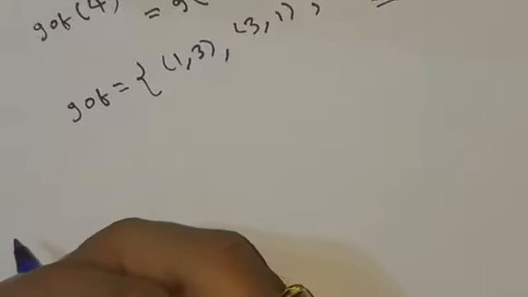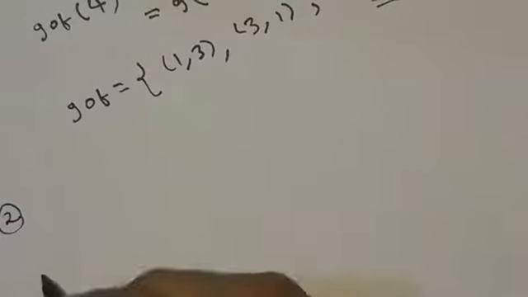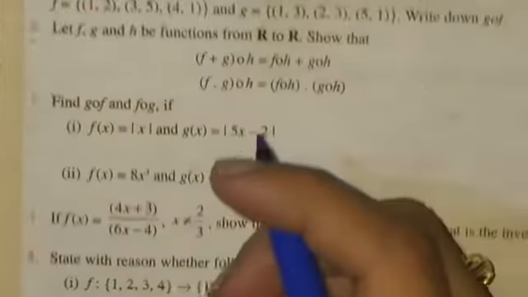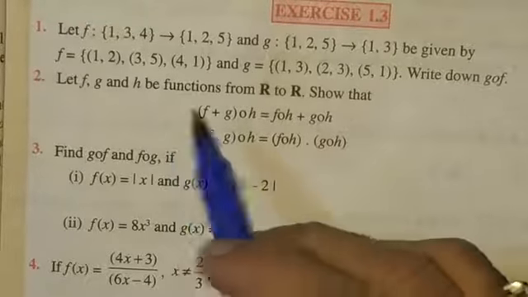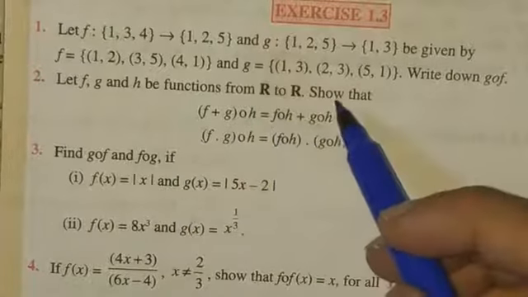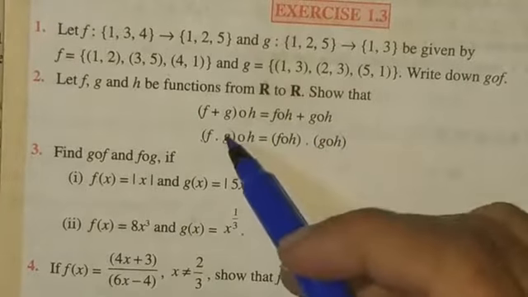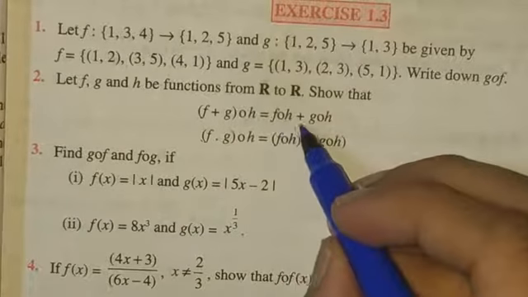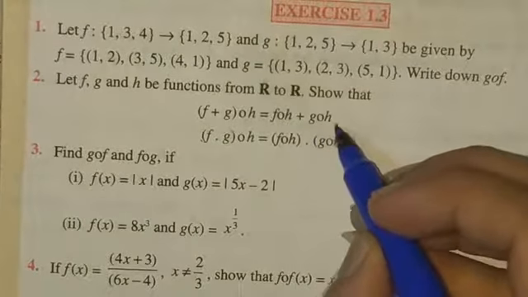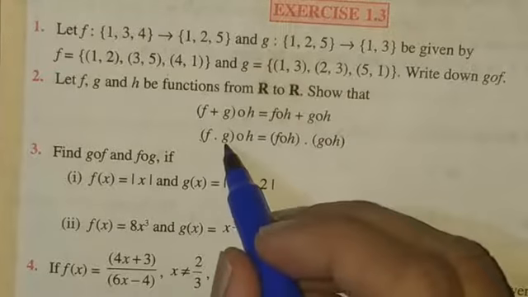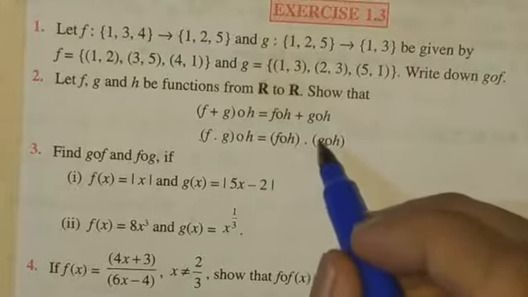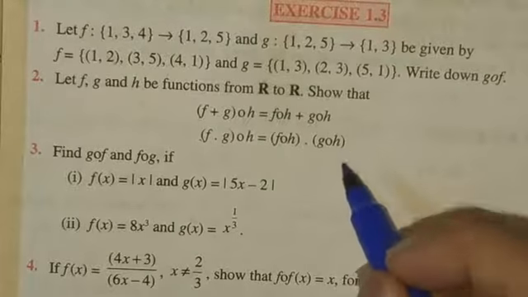Now we can go to problem number 2. Problem number 2 is: let f, g and h be functions from R to R. Show that (f plus g) composition h is equal to f composition h plus g composition h, and (f multiplied by g) composition h is equal to (f composition h) multiplied by (g composition h).